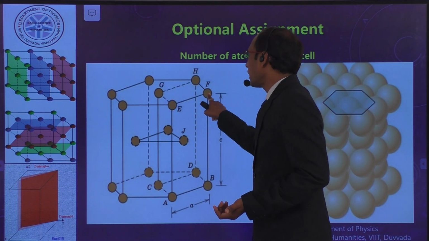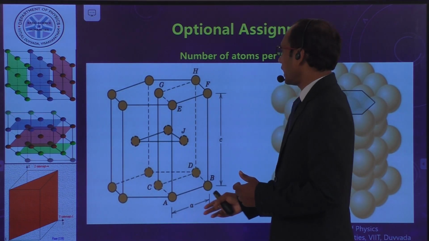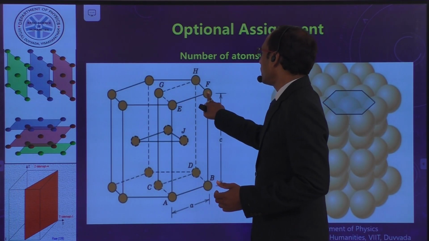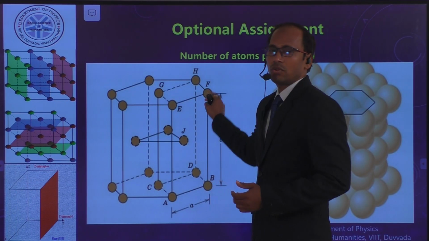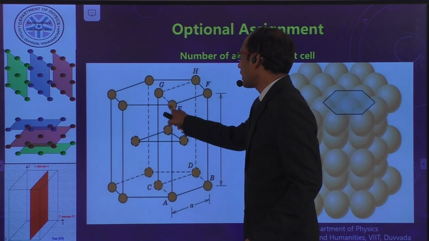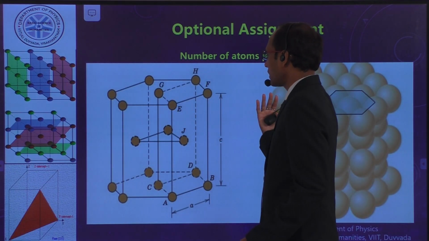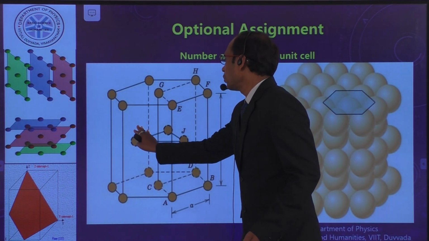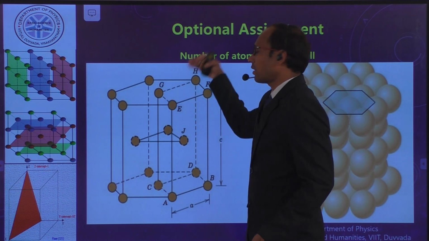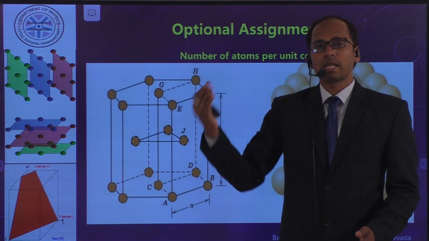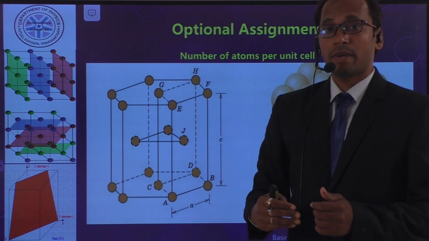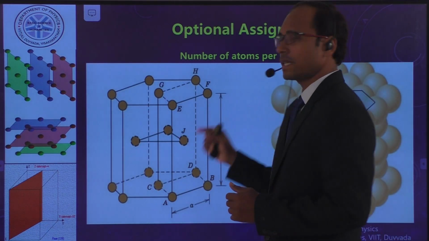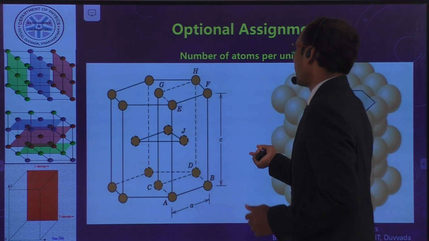And what about corner atoms? Each corner atom is shared by 6 unit cells. How? Let us see this corner atom. Here 1 unit cell is present, here the next 2, and again 3, and the top also 3. In total 6 unit cells share 1 corner atom. That means 1 by 6 is present. How many corner atoms are present?